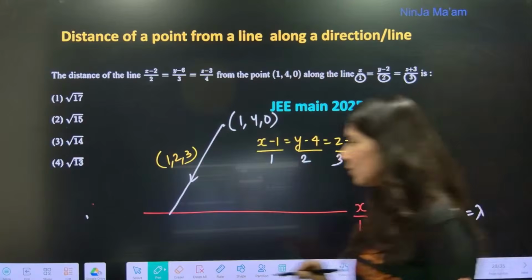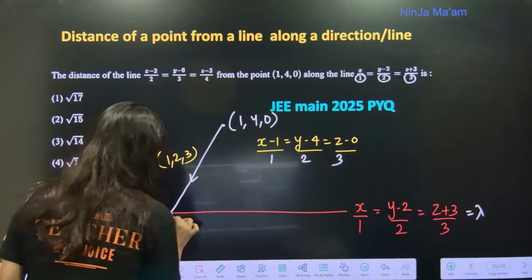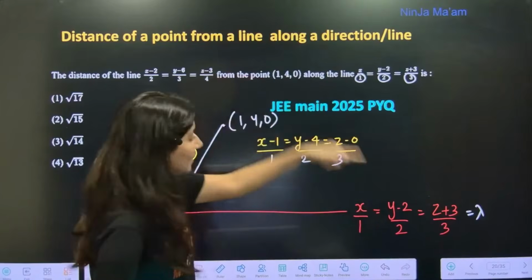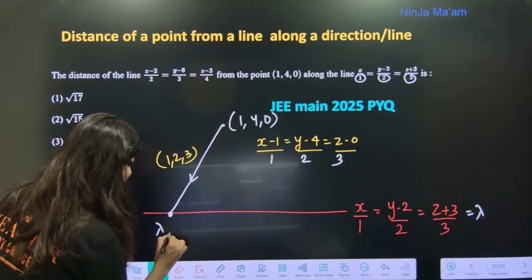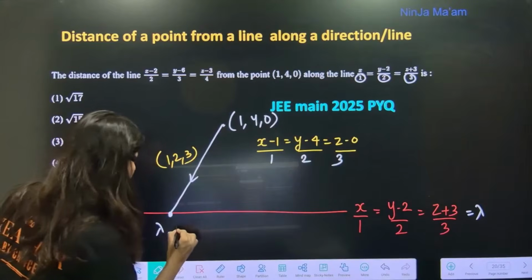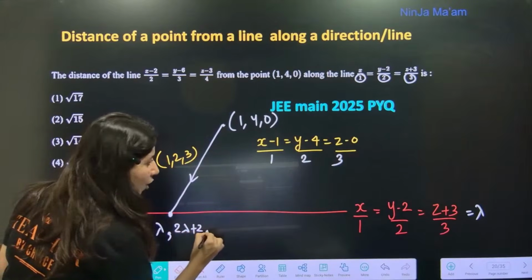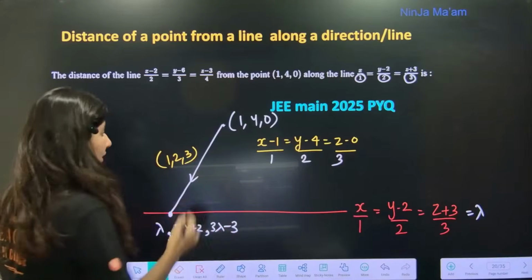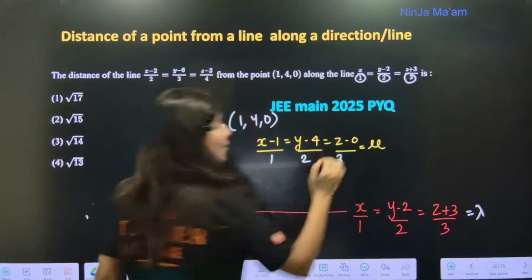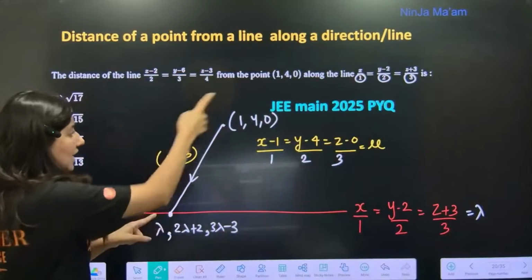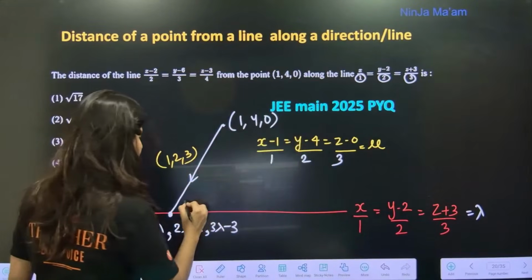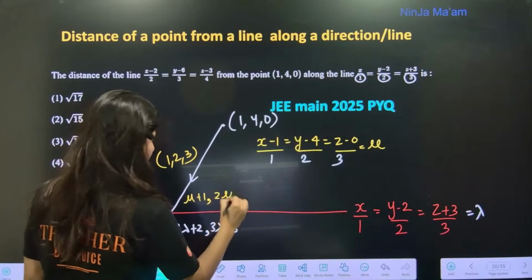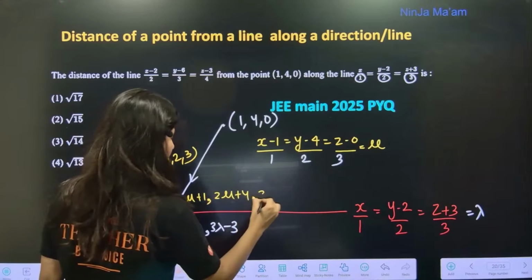All you have to do is find the coordinates of this point using the line given already in the question. So this is lambda, comma 2 lambda plus mu, comma 3 lambda minus 3. Now again write the coordinates of the same point but using the other line which you have just written. So this is mu plus 1, 2 mu plus 4, and 3 mu.